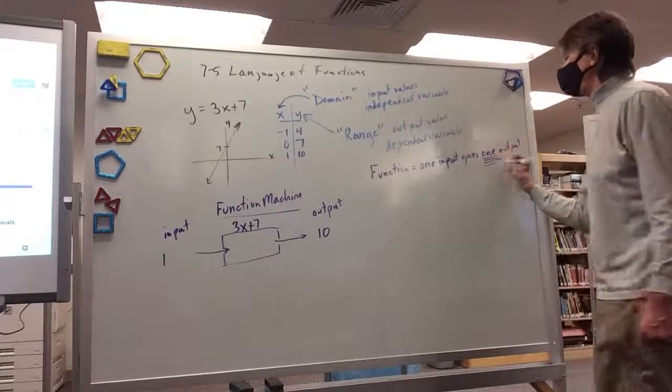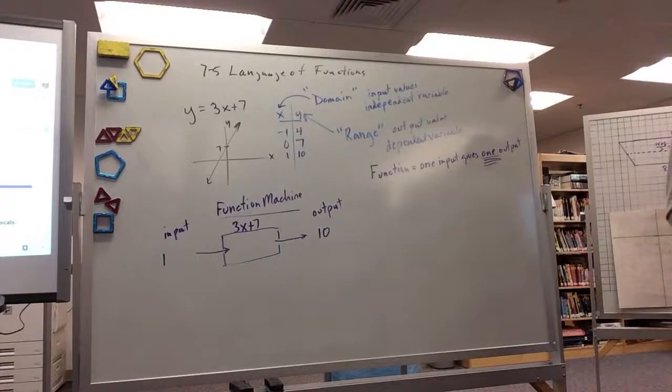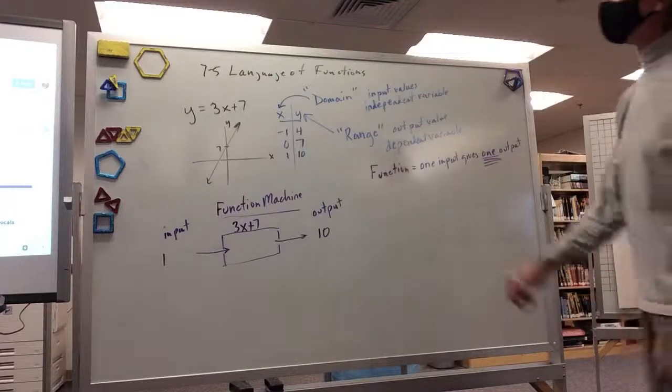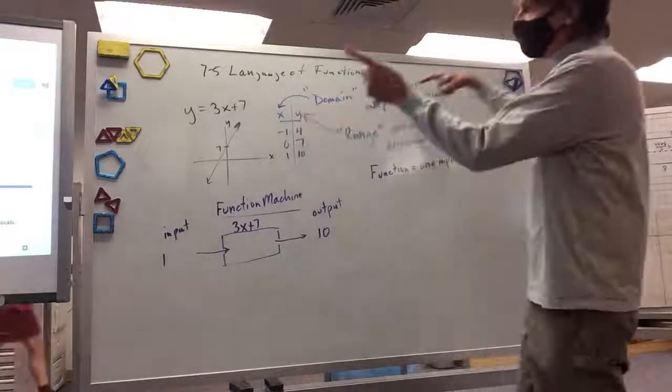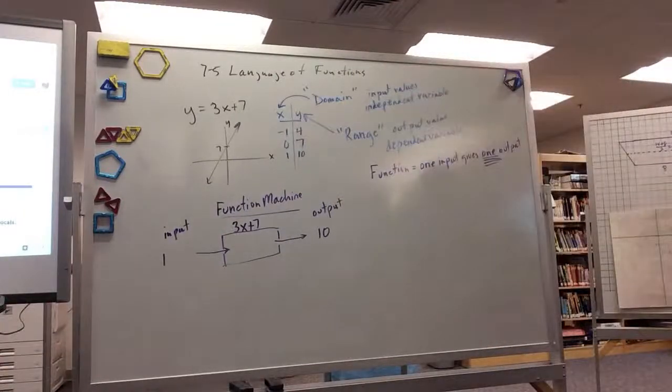This is key. You only have one answer. And you may say, well, isn't math like that all the time? But math isn't like that all of the time. Sometimes there's more than one answer. Eventually we'll see things that are like that. But for now, let's go back and look at all this stuff that we have written here.